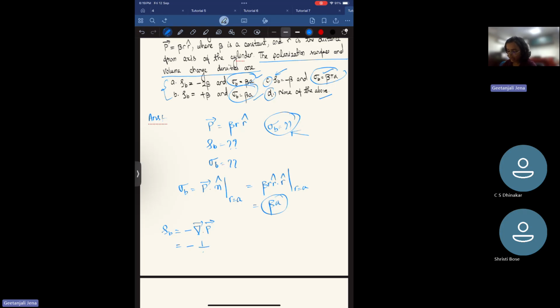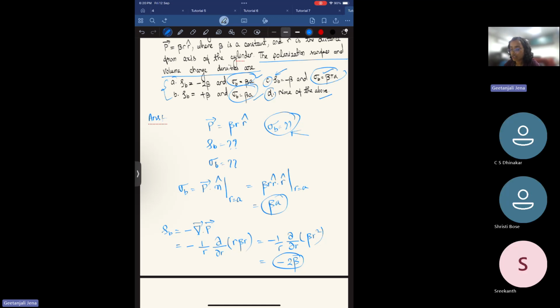This is 1 by R, dou by dou R, R times P, where P is beta R. So this is minus 1 by R, dou by dou R of beta R squared, which will give minus 2 beta, right? So here you can easily see it is minus 2 beta and this is beta A. So that means the answer will be option A.